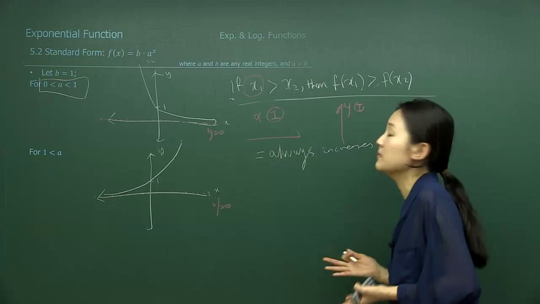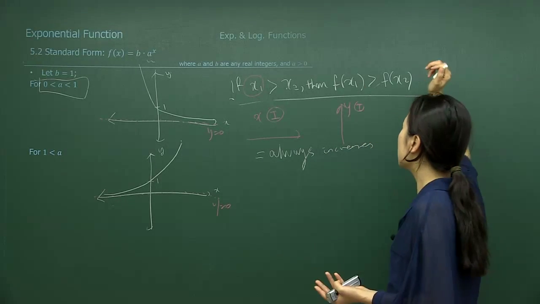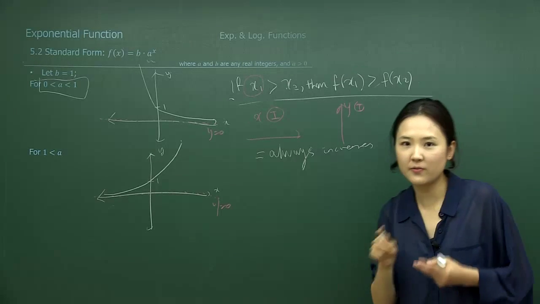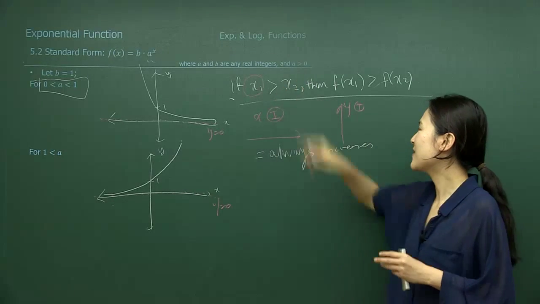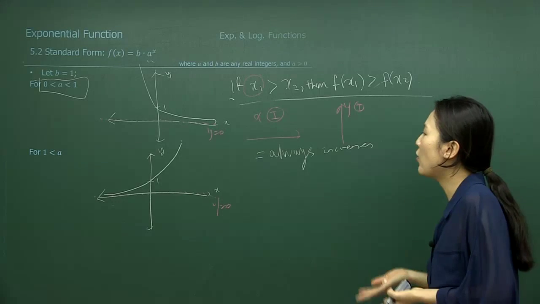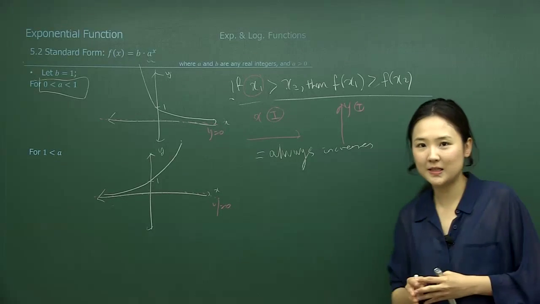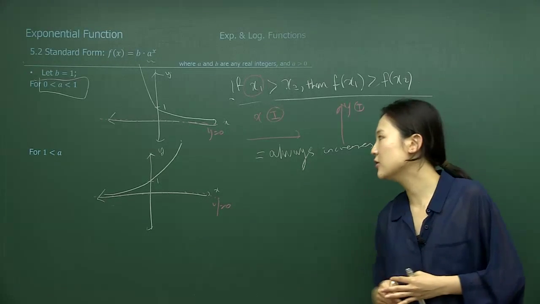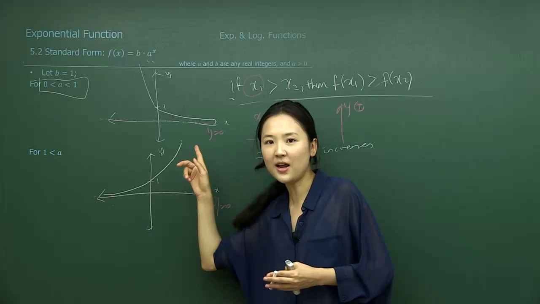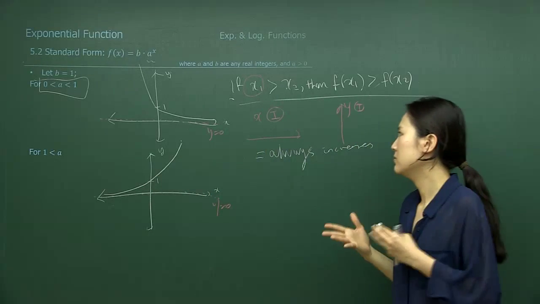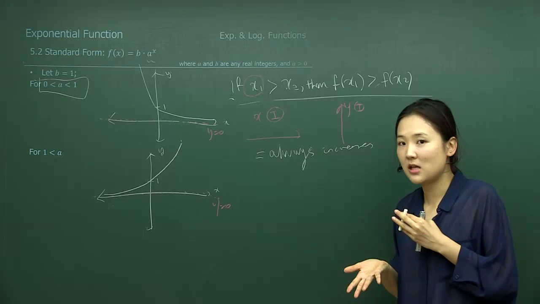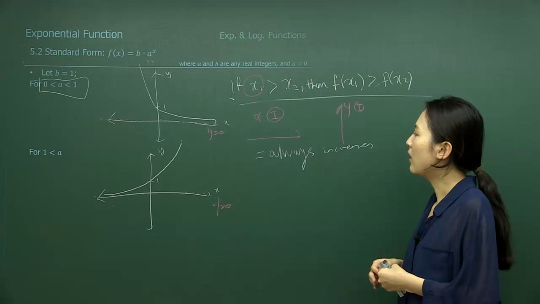When you see a statement like this, you first have to understand that they are actually asking about a function equation that is always increasing, and exponentials do always increase, right? So just remember that. That might save you some time when solving problems.